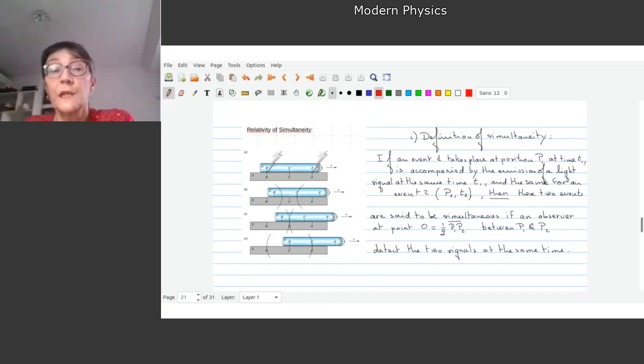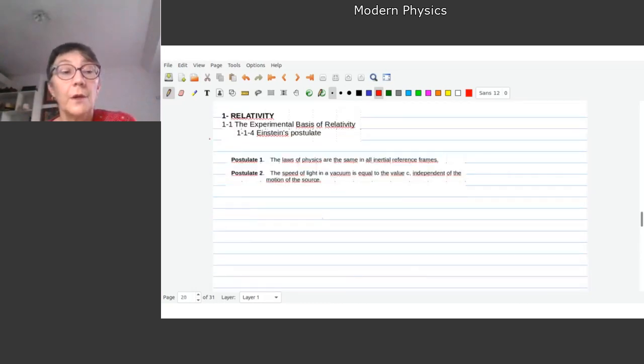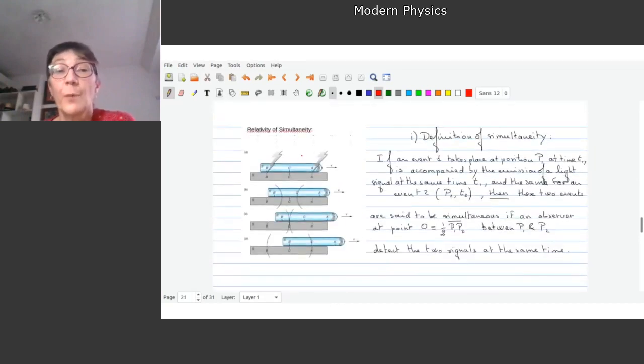And so what we are going to see is, if you believe these two postulates, and you want to really apply them, you have to change something. What you will have to change is the notion of time. So the first thing is simultaneity is relative.